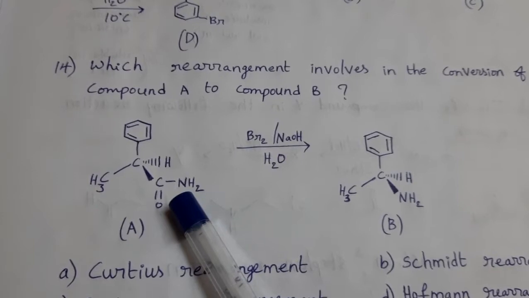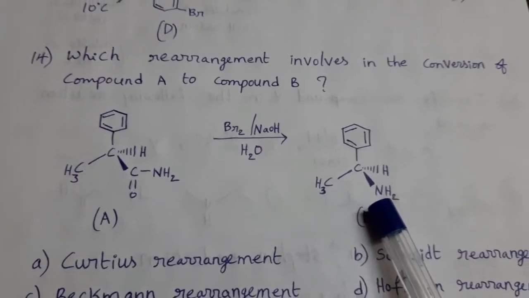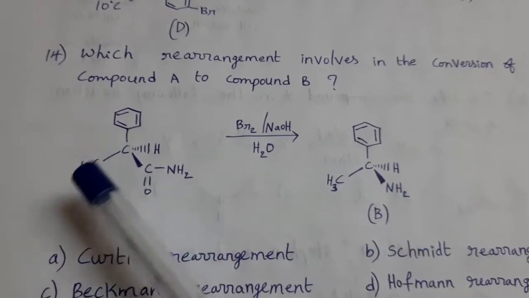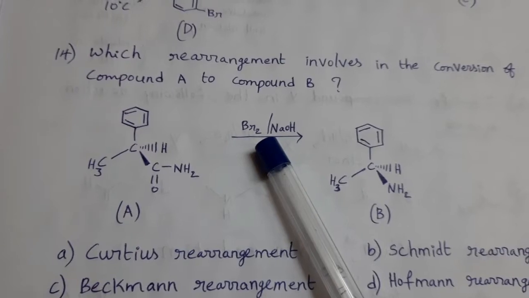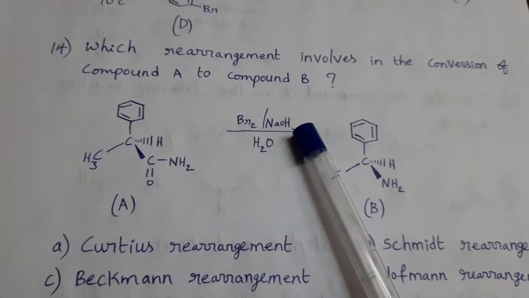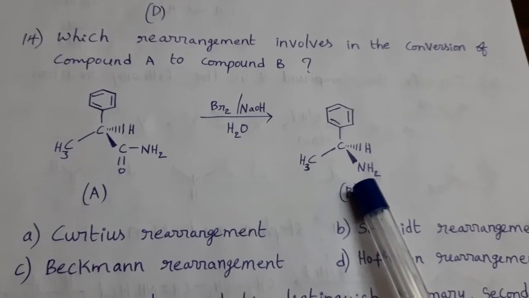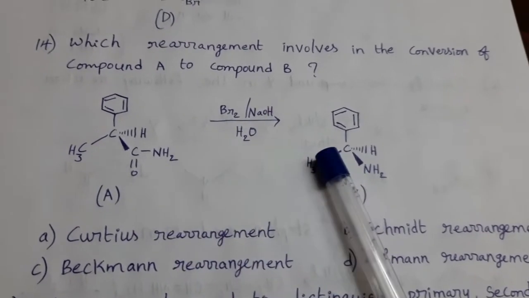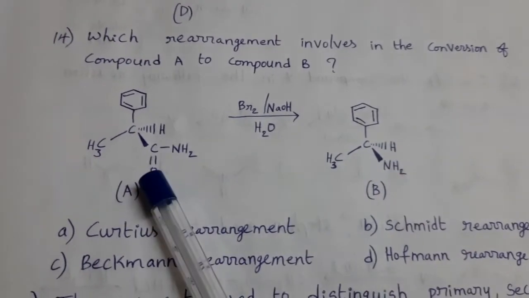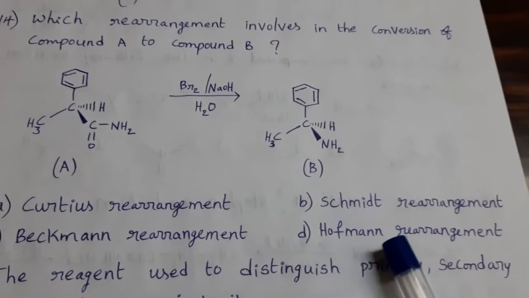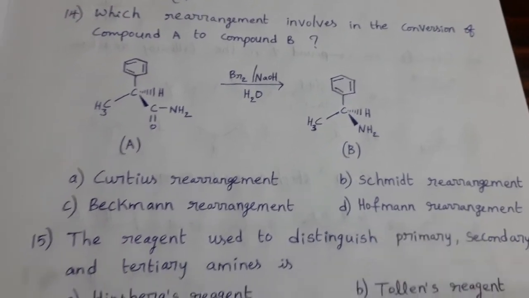Here the amide group, CONH2, is present, and here NH2 is present, with everything else the same. The amide is treated with bromine in presence of NaOH followed by hydrolysis, and the amide group is converted into NH2. Comparing the two structures, the product has one carbon atom less. So this reaction is Hofmann rearrangement. For this question, option D is the answer.